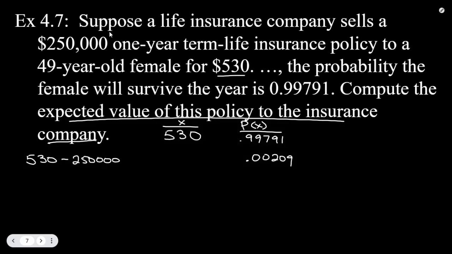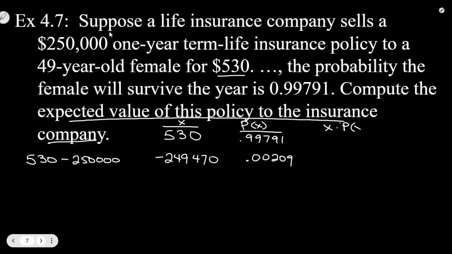So the net result of that situation is we take 530 minus 250,000, and the company is paying out or losing $249,470.